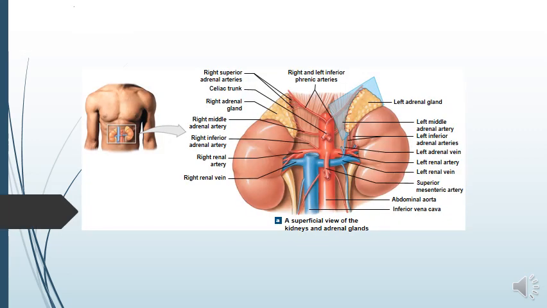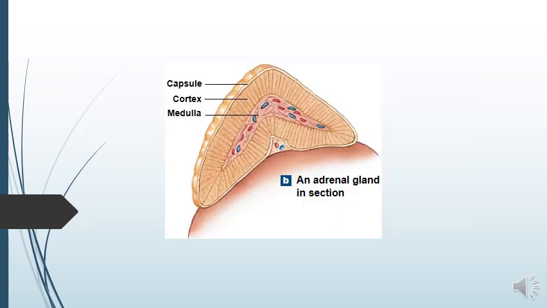This slide shows the position of the adrenal glands like little caps on top of the kidneys. This is showing you the adrenal gland in section so that you can see the outer capsule, which surrounds the gland, and then you can see the cortex with the outer portion and the medulla, the inner portion.